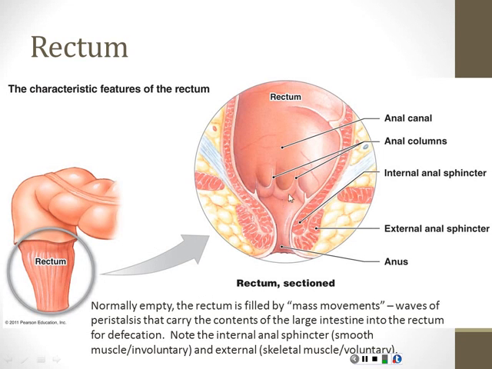The rectum ends at the anal canal, right? So here's the rectum up here, here's the anus, and then the anal canal connects the two. And we have two bundles of muscle at that canal. We have an internal sphincter and an external sphincter. And what we're going to see is that the two work together to control the defecation reflex.